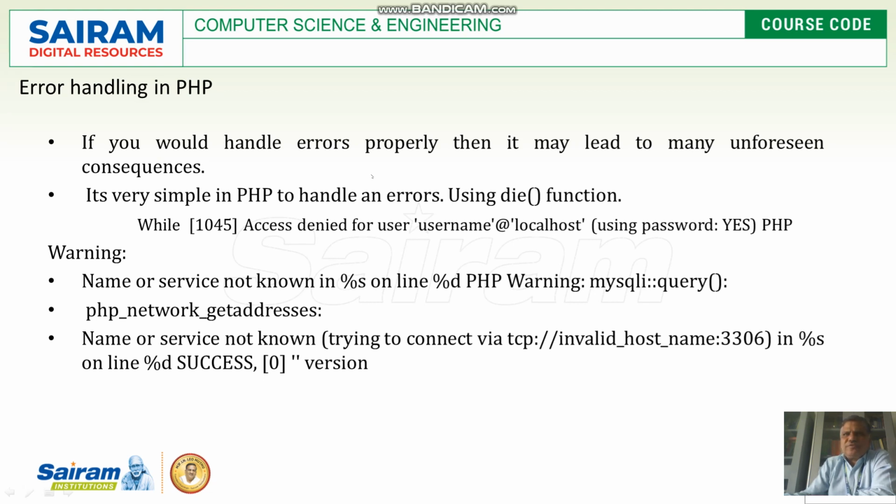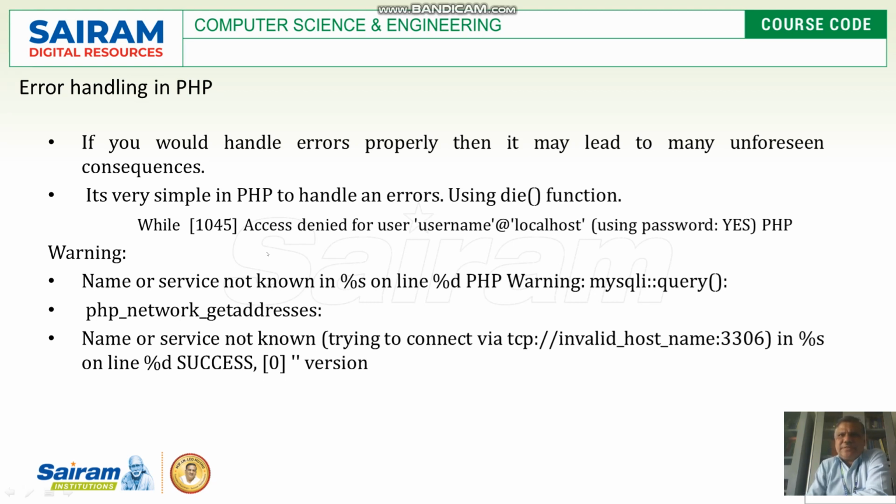Errors are always unforeseen; when the program is executed and the input is entered, based on that the errors are raised. It is very simple in PHP to handle errors using the die function, along with echo and a catch block. Echo prints which type of error it is, and the catch block catches that particular error.